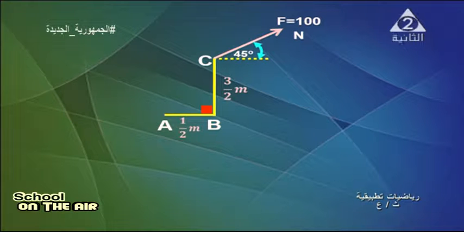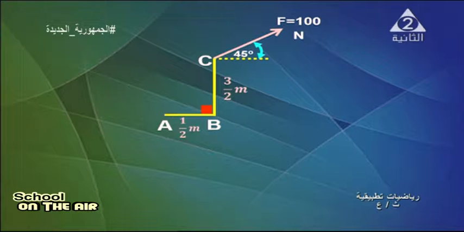The distance for the horizontal component, 100 cosine 45, is 1 over 2 meter.